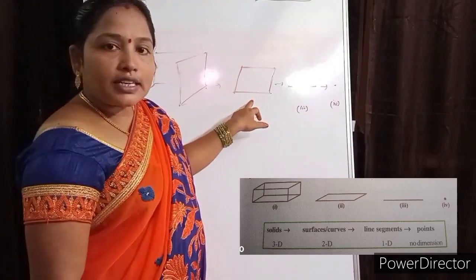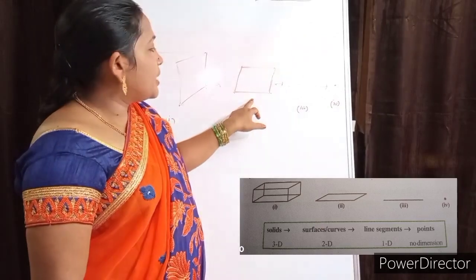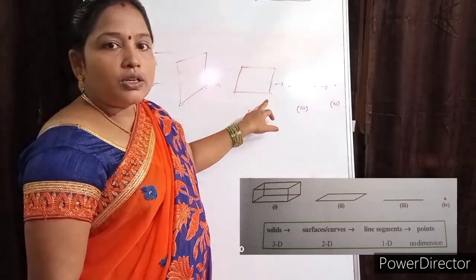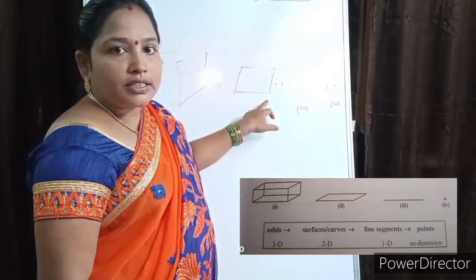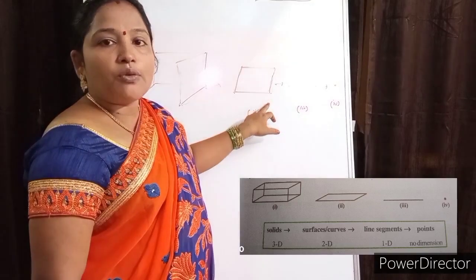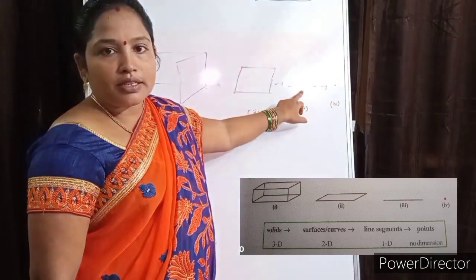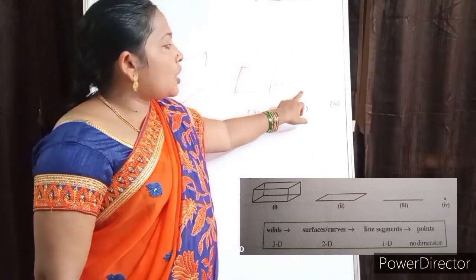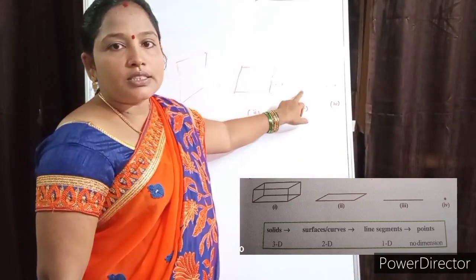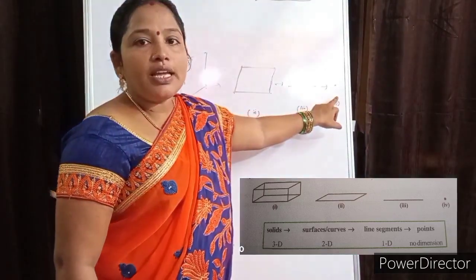We know that a rectangle has length and breadth. If it loses another dimension, that is breadth, it will have only a line segment. If it loses more dimensions, only points remain.